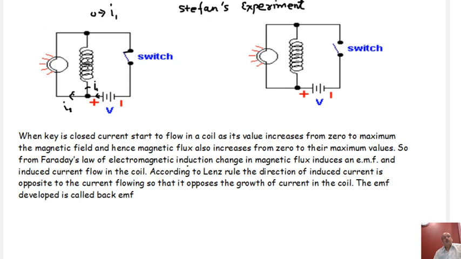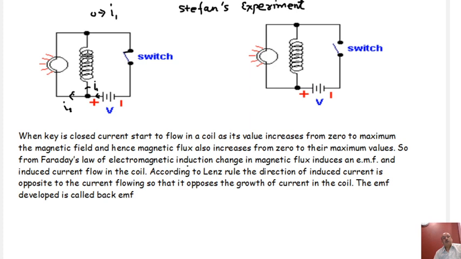And the induced EMF will oppose the increase of the current. So from Faraday's law of induction, change in magnetic flux induces an EMF, and an induced current flows in the coil.